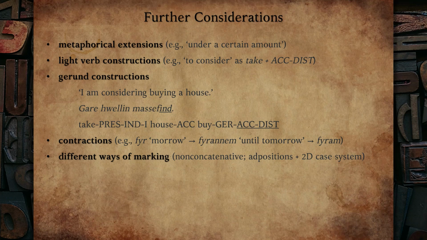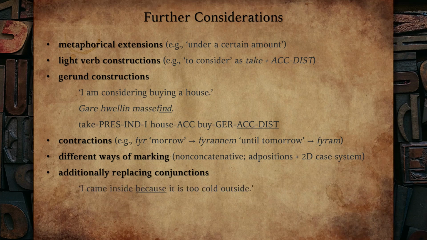And finally, something else we could consider is not only replacing adpositions but also conjunctions, right? Because we have the gerund constructions, we could use the different case and proximity combinations to encode the different conjunction meanings. So for example, "I came inside because it is too cold outside."